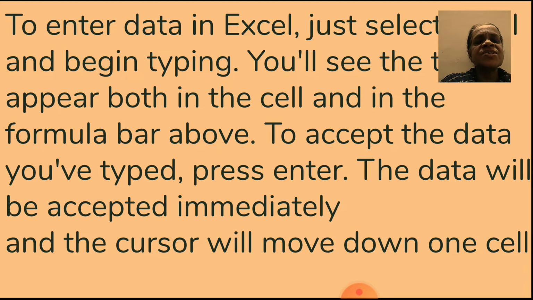In the previous session I had mentioned the data we are entering also appears in the formula bar, whether it is number data or text data. After entering the data, you have to press the Enter key and you can see the data in your particular cell.